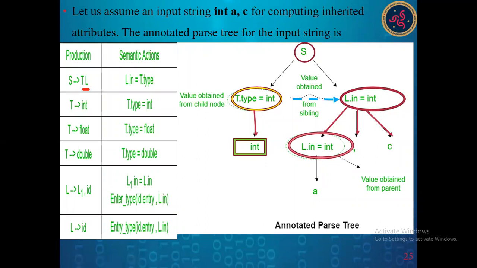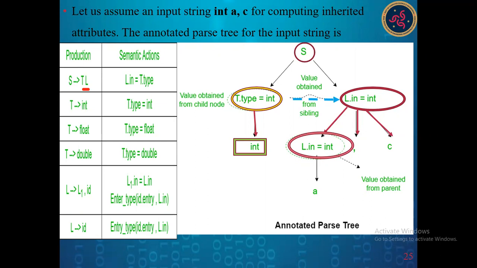One more point to add: if we have a grammar that is LL parsable, then we can say it can have L attributes. There are two categories of attributes, S attributes and L attributes. S attributes have only synthesized attributes. Synthesized attributes do not have any restrictions.